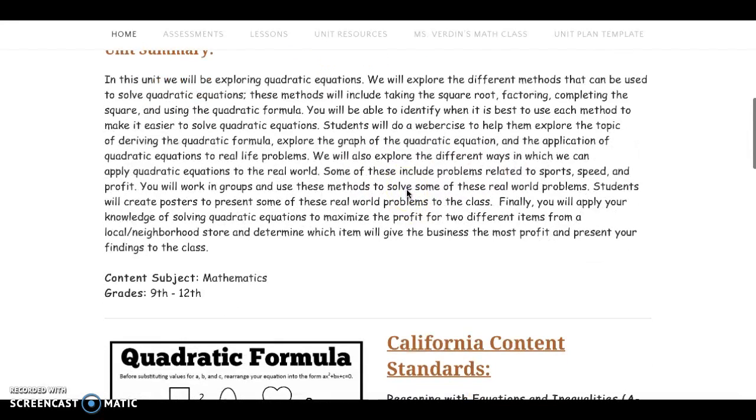Students will be doing different activities, such as a Web quest, to help them explore the topic of deriving the quadratic formula, and to help them further explore these methods for solving quadratic equations. They will also explore how quadratic equations and these methods apply to real-life problems, which is important because sometimes students ask how math applies to real life.